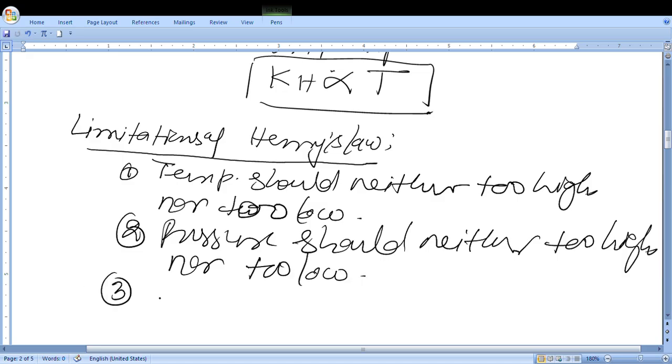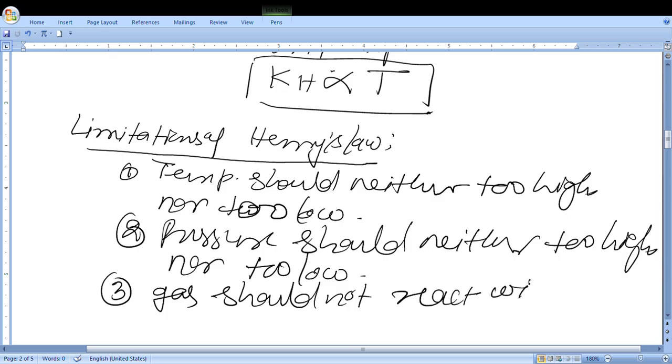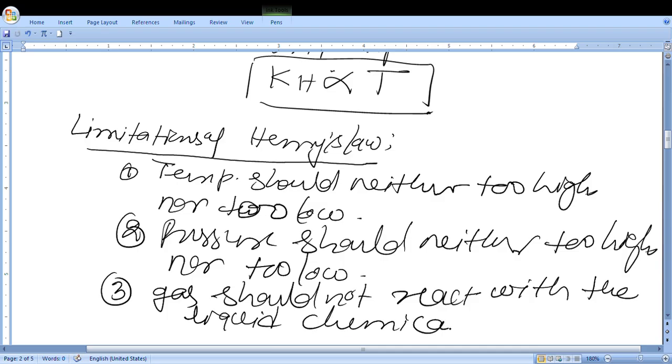Third, gas should not react with the liquid chemically, otherwise Henry's law will fail. The gas should remain in the liquid.